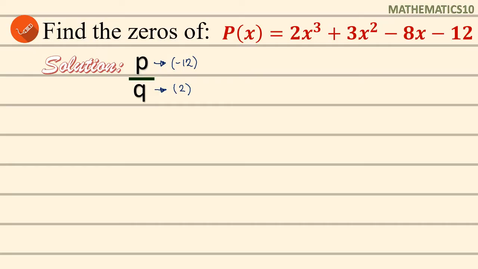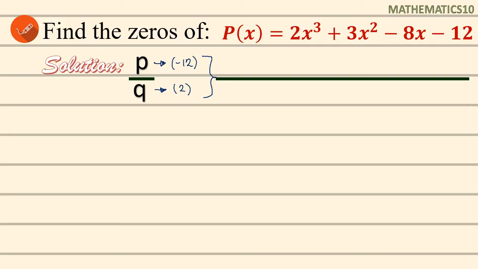And of course, this is not yet the final process for us to find out the possible zeros that we may use for our trial and error in synthetic division afterwards. So we still need to list down all the factors of our P and Q.